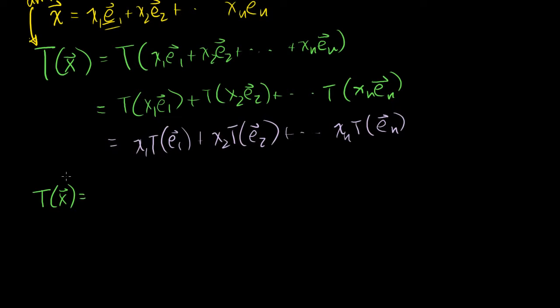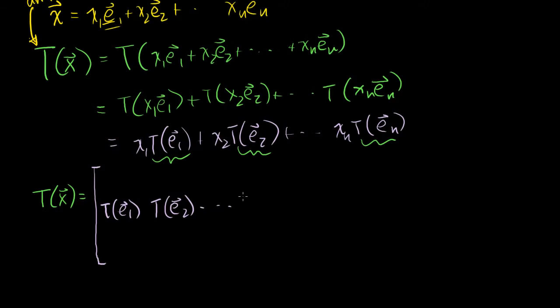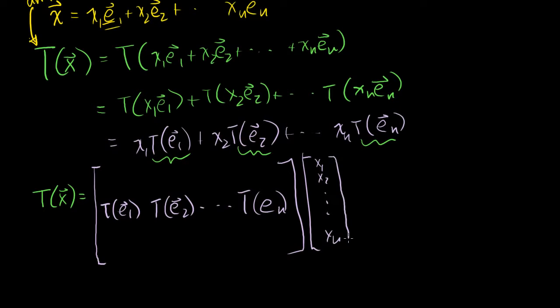If we view each of these as a column vector, this is equal to the matrix where the first column is T of e1, the second column is T of e2, and then we go all the way to T of en, times x1, x2, all the way to xn. We've seen this multiple times.